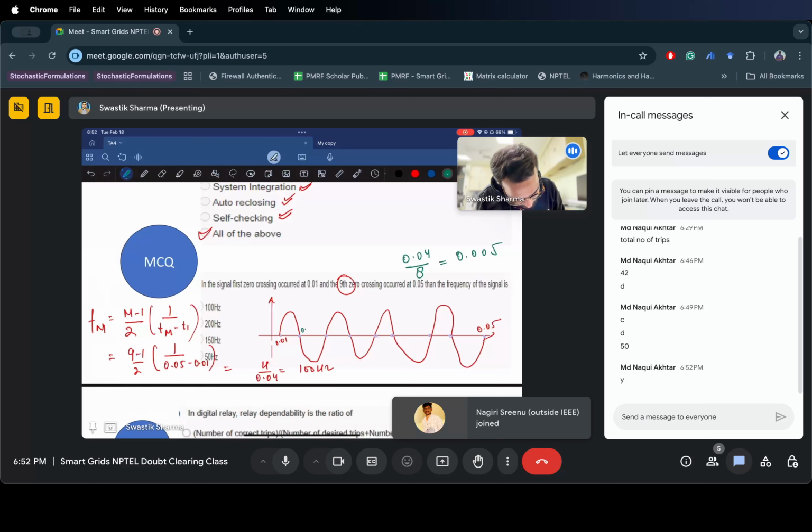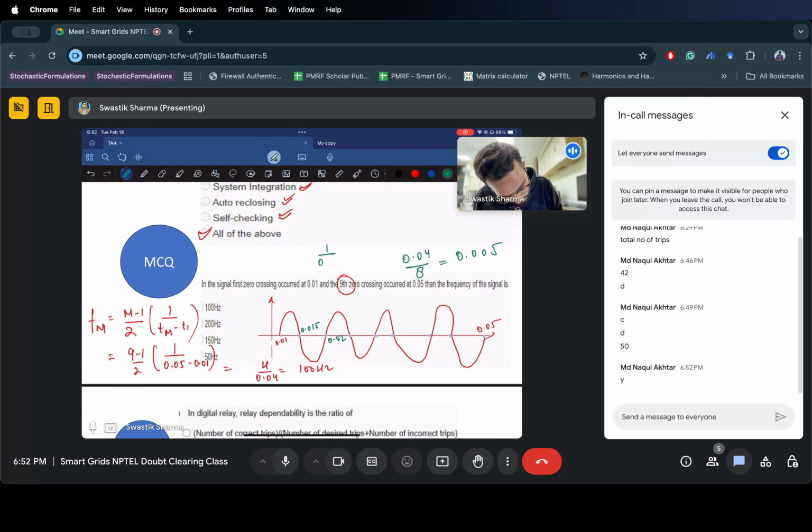So this was 0.015 and this was 0.02. Since the time period is 0.02 minus 0.01, which is 0.01, the frequency is 100 hertz. So the answer is correct, and this formula is correct. You can do it that way as well: check the total number of times the zero crossing has occurred in between and how much time it has taken, and based on that you can always find it.